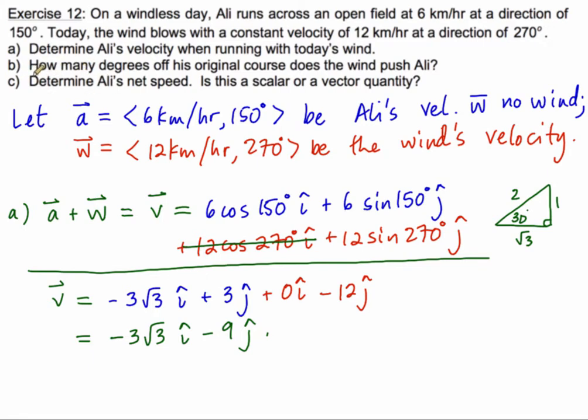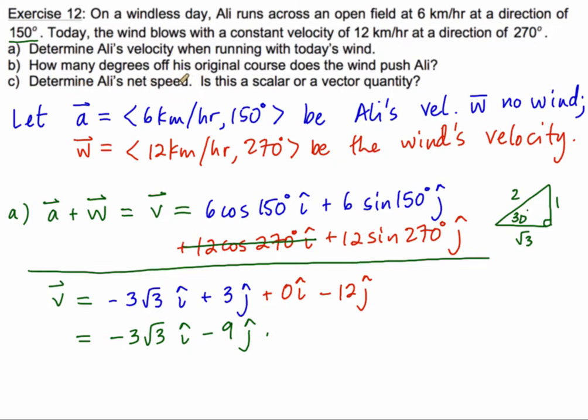In part B, we're asking how many degrees off his original course of 150 degrees does Ali run with the wind. So this is really asking us to dig deeper into this vector in rectangular form to give us the angle of the polar form. And then in part C, we are asked to determine Ali's net speed.